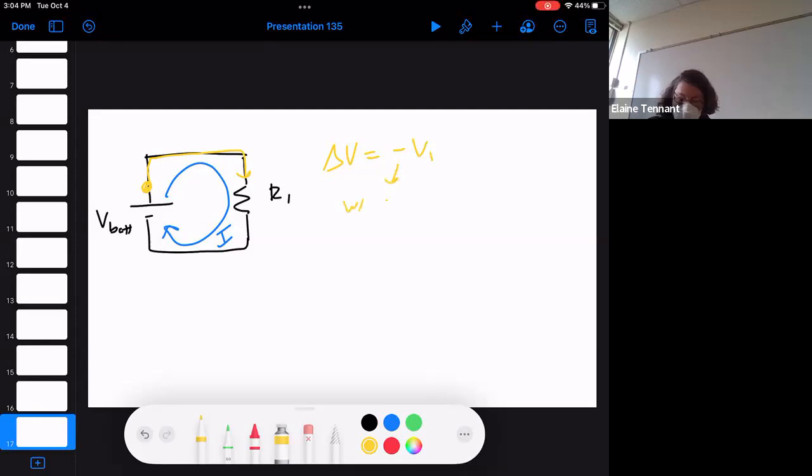So with current across a resistor, you drop that voltage. Okay, you go across the resistor, you hit the battery. If you're going from the negative side of the battery to the positive side, you're going to gain that voltage. So from negative to positive, add voltage.